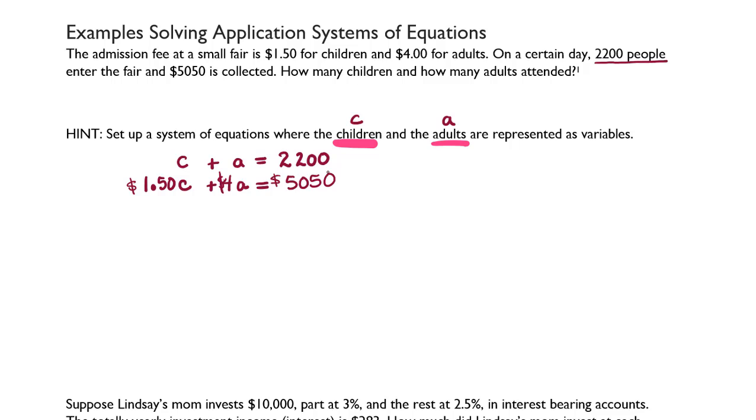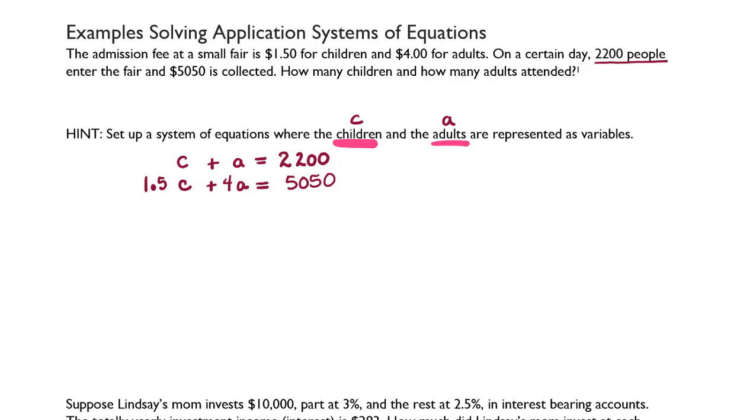I'm going to go ahead and rewrite this 1.50 as just 1.5, and I'm going to take the dollars off. But remember, they are there. We're just simplifying the notation a little bit so it's easier to follow.